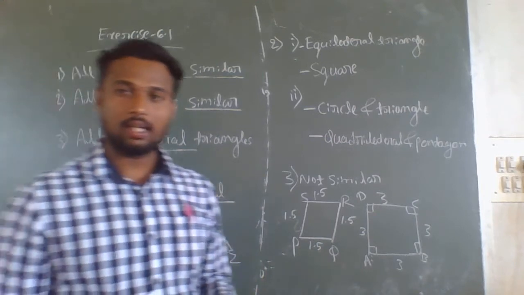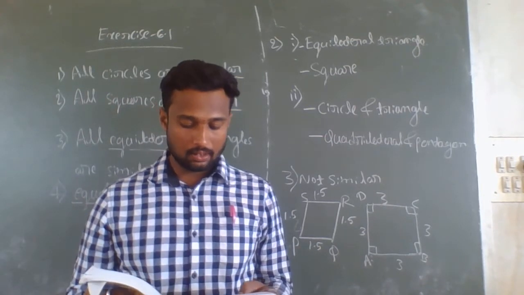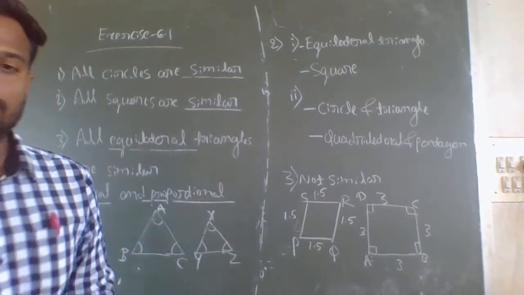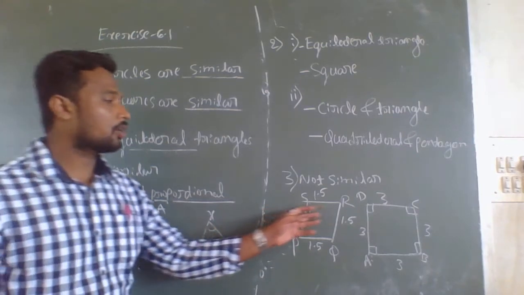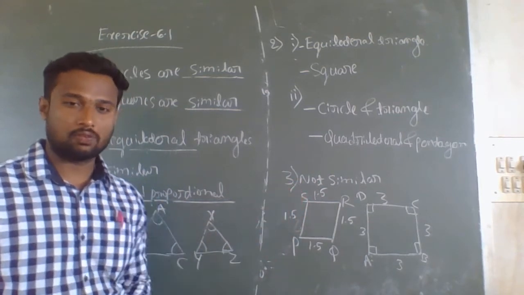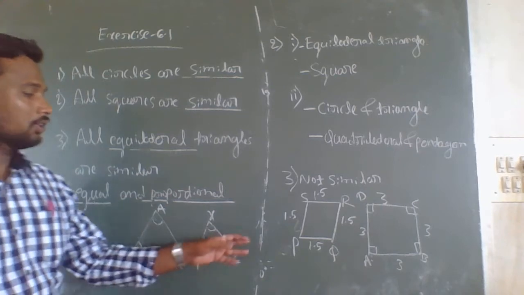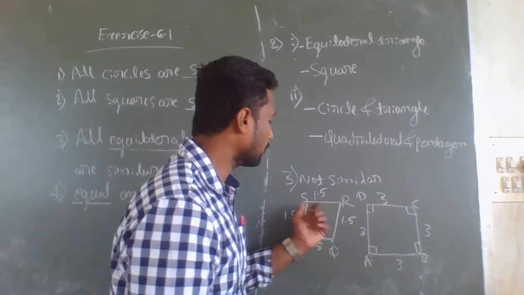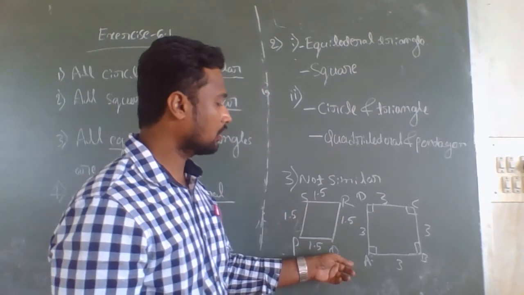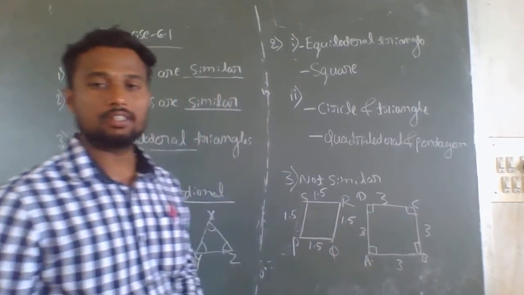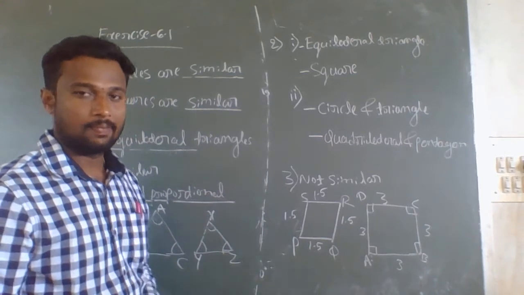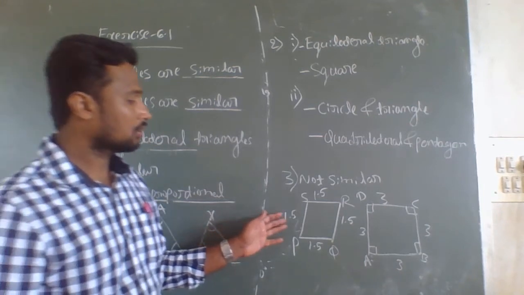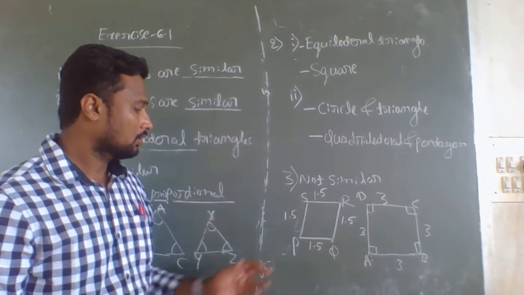And they are asking here, state whether the following quadrilaterals are similar or not. Here, these are not similar. I have written here not similar. Why? In quadrilateral PQRS, all the sides are of 1.5 centimeters, and in quadrilateral ABCD, all the sides are of 3 centimeters. So all the sides are equal, which means corresponding sides are proportional.